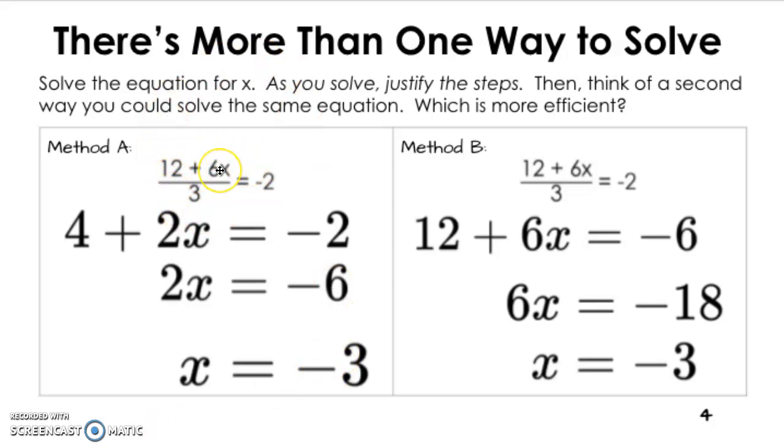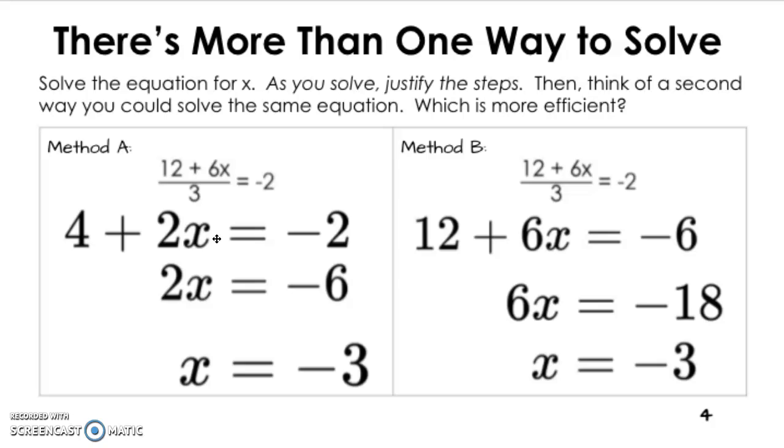So in this case, when we have something that looks like this with something being divided, I can either divide 12 and 6x by 3, which is what I did in method A. 12 divided by 3 is 4, 6x divided by 3 is 2x, or I can undo dividing by 3 by multiplying by 3 on both sides. So what I've done first in method B is I multiplied by 3 on both sides. That's where this negative 6 came from. That's negative 2 times 3.